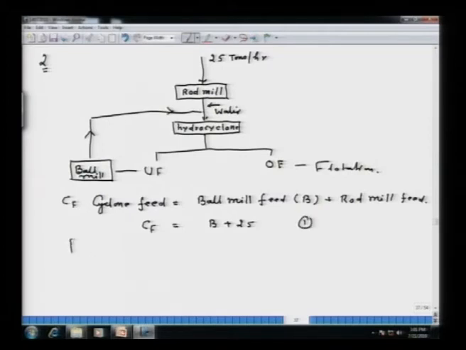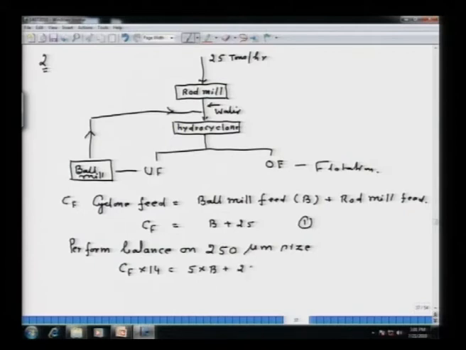Now, let us perform a balance on 250 micrometer size particles, as they are given to us. So, simply again we will do Cf into 14 is equal to 5 into B plus 25 into 27.